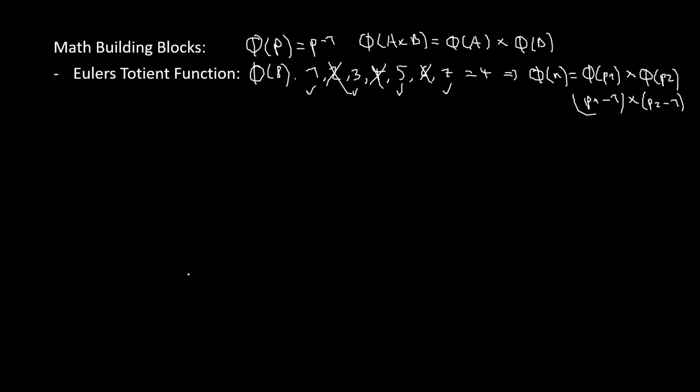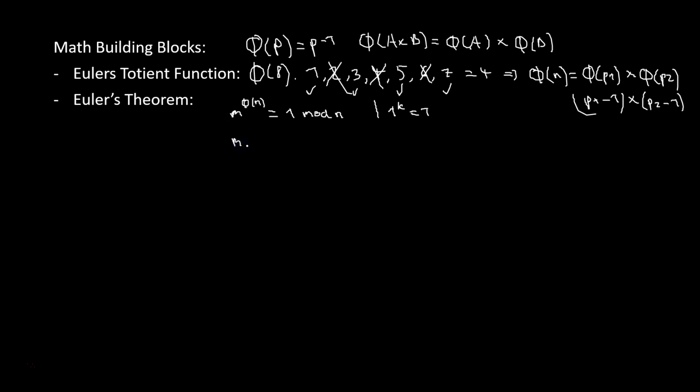To actually use this phi function, we need one more theorem and some simplification steps to get to the private key generator function. So Euler's theorem. It states a message raised to the power of phi of n equals 1 mod n. This we can modify because 1 raised to the power of k is still 1. We can just raise the whole thing to the power of k.